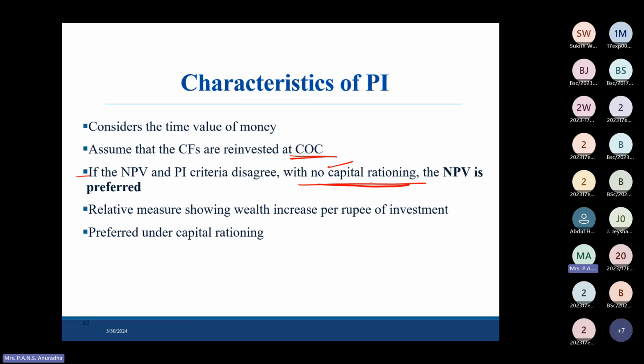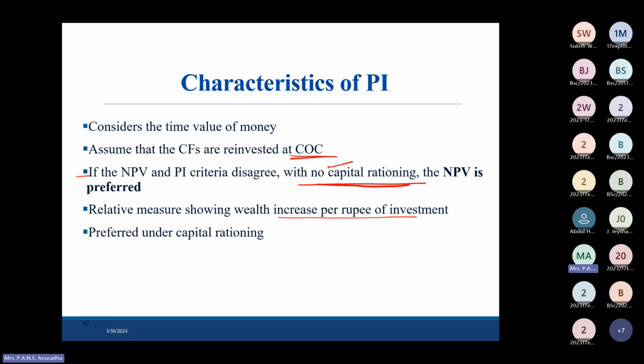When there is a fund constraint, to rank the projects, the PI index is very relevant and appropriate. Because the PI index shows us a relative measure, the wealth increase per rupee of investment. So this is again in line with the objective of financial management.